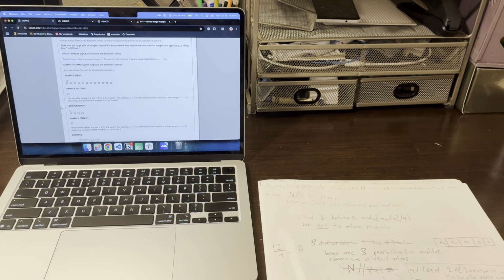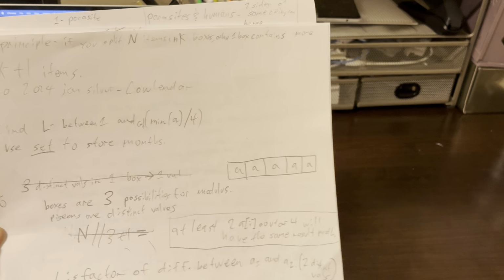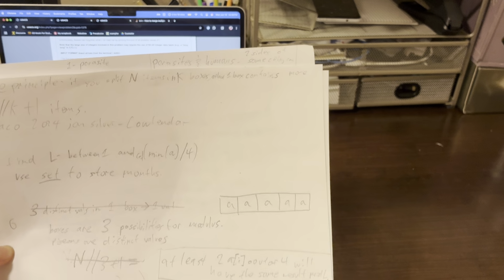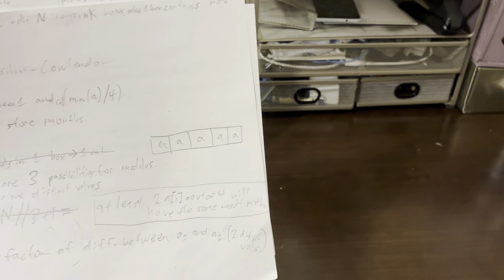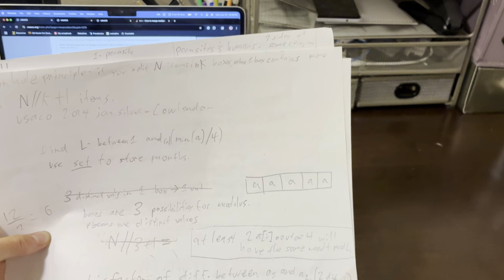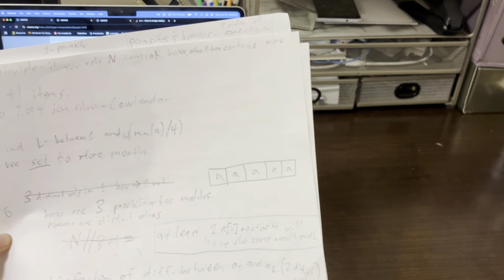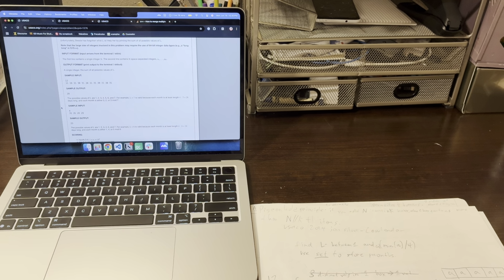All we need to do is eliminate false positives, which are the only side effect of only sampling the first 4. So we sample the first 4, and we find the number of L's that cause at least two elements to have the same result mod L. L is the number of days in the week, by the way.